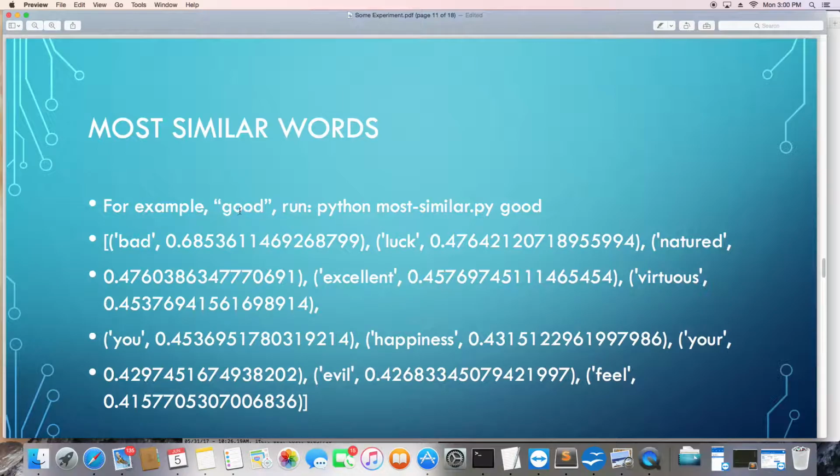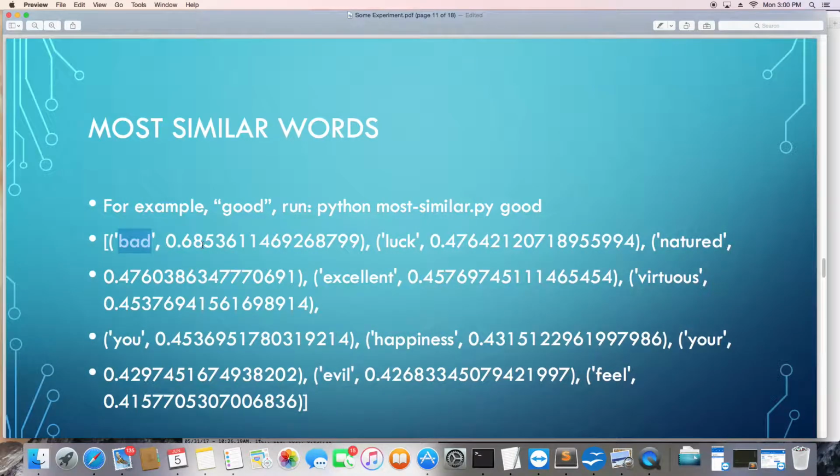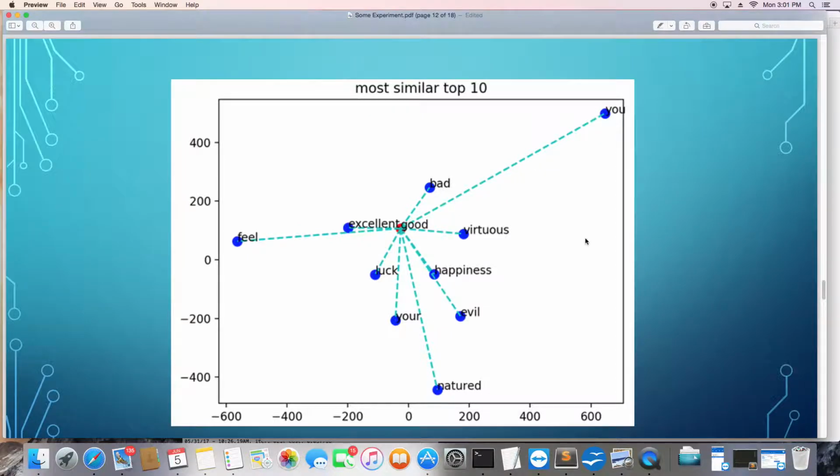For example, given the word good, I run this script and get the result. Bad is the most similar word for good. Lucky is the next. And we can see the picture here. The blue point is the most similar word for good.